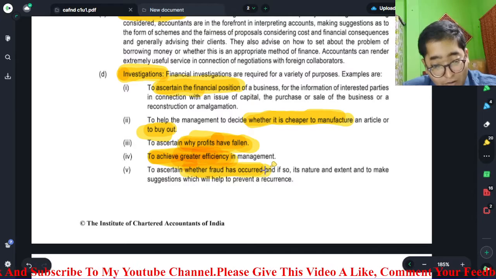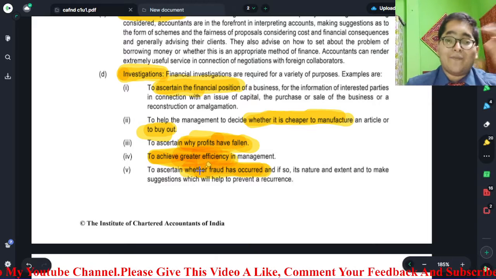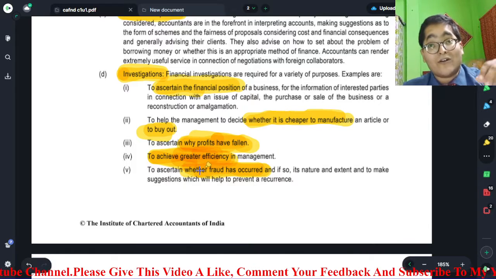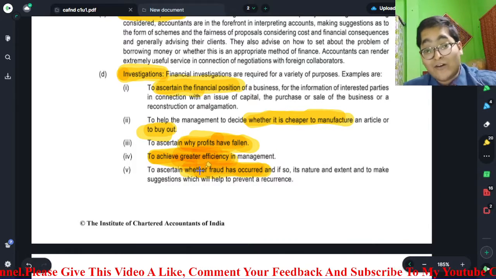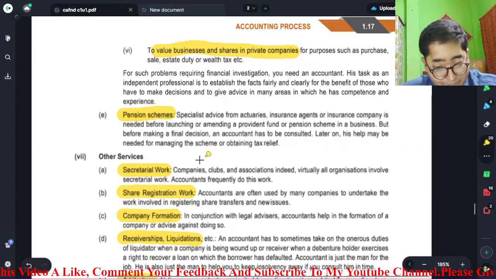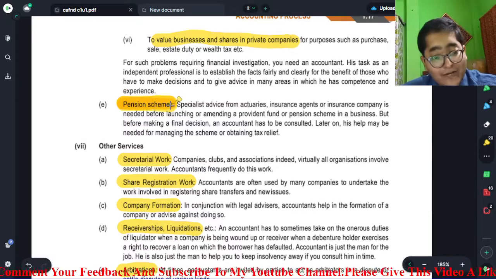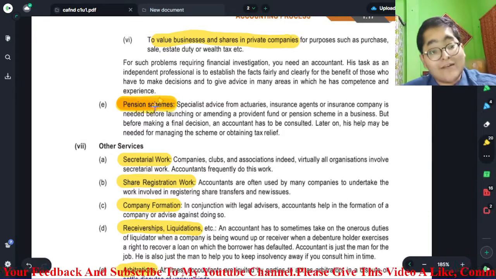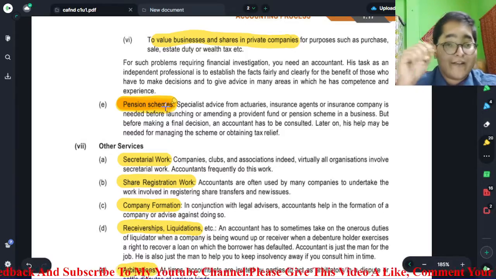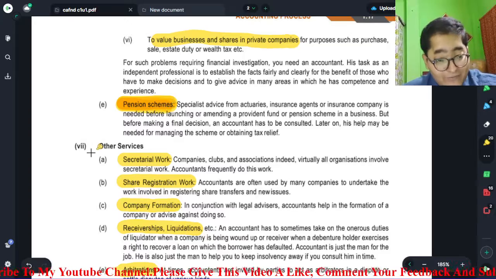Whether fraud has occurred, an accountant is easily able to understand by referring to the financial information of the entity, right? Another one is pension scheme: what pension schemes are to be given, how the calculations need to be done, what are the laws set by the government.